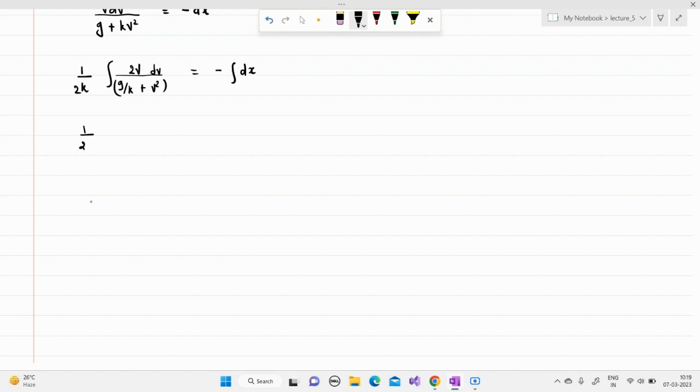So 1 by 2k log of g by k plus v square is equal to minus x. Fine. Plus some constant.